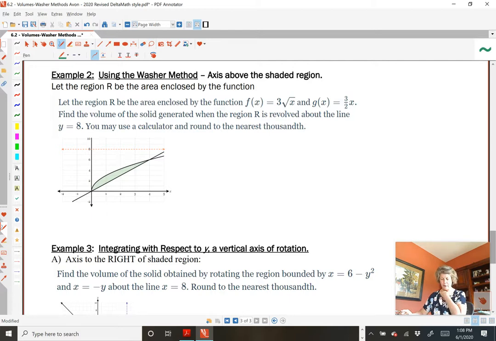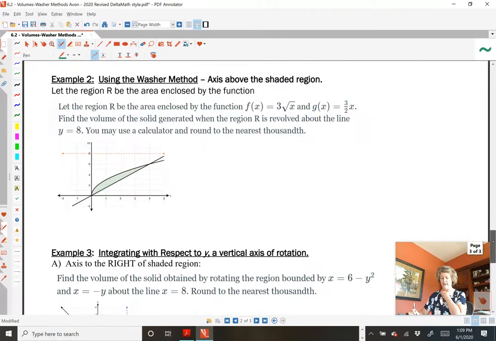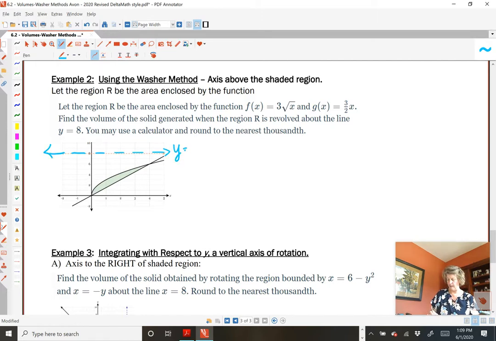Okay, example 2. I wanted to do one that was different, where we had the axis of rotation lying below the shaded region. And this one now I'm moving the axis of rotation to above the shaded region. Sometimes people do have a little bit more difficulty with this one. So here's our axis of rotation at y equals 8. We're rotating about that one.